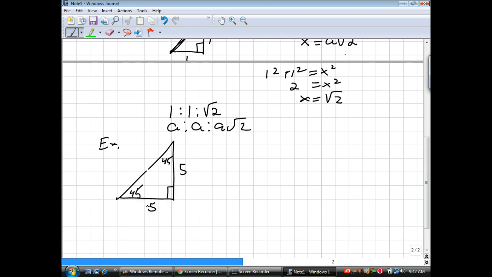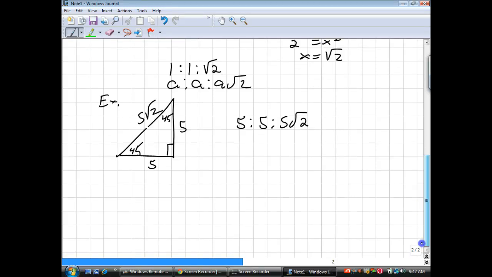Then I know that the sides are in a ratio of 5 to 5 to 5 square root 2. So this has to be 5 square root 2. So the hypotenuse is always the leg times square root 2.